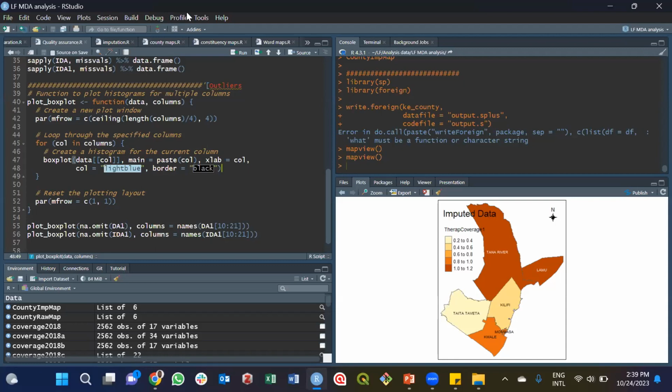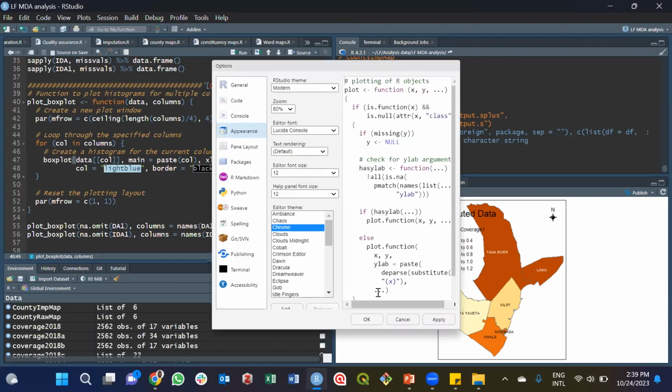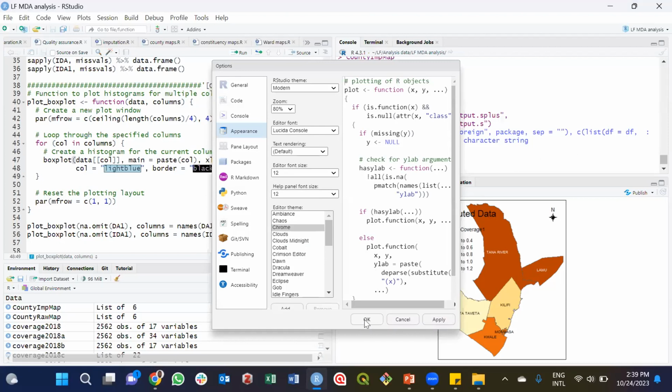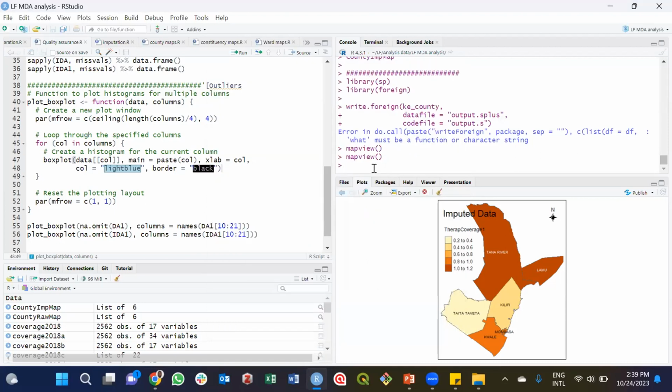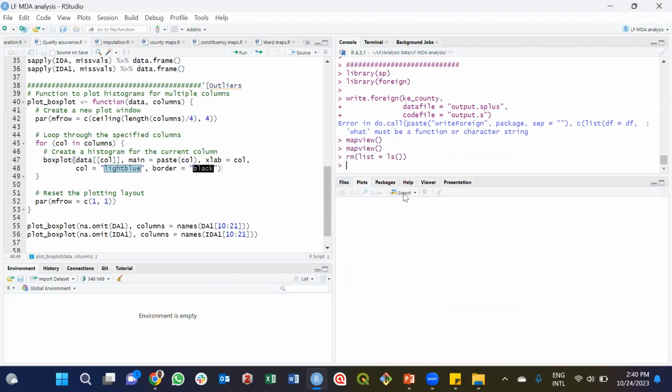I will change this to white so that it is clear. We now see how we can do this. I hope someone took a screenshot of the equations. Let me just clear these things.